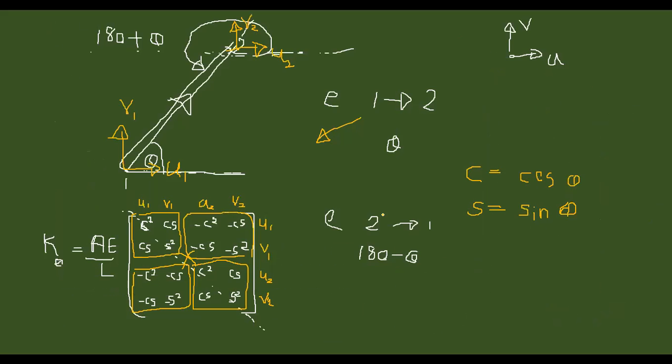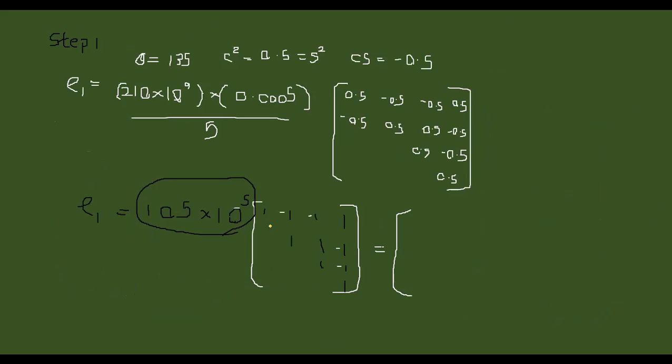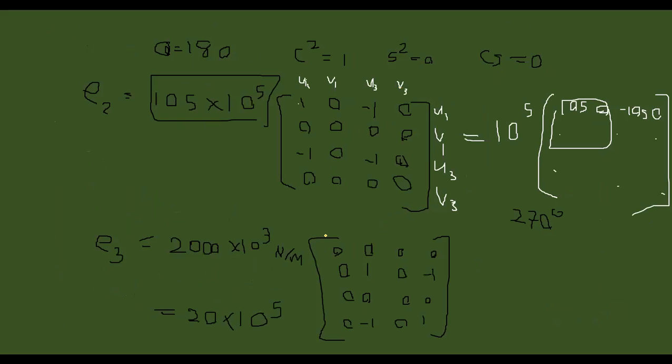Finally, element 3 is from 1 to 4. So this is the element 0 0 0 1. If you place 20 inside, with 10 to the power 5 outside, this would be 0 0 0 and 20.